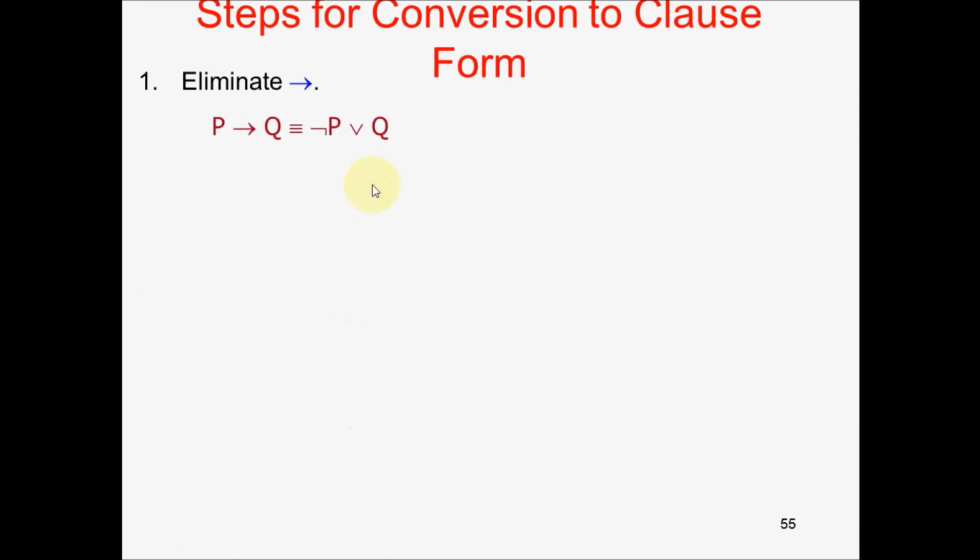First step, eliminate implication. We have already discussed, we can use this formula: P implies Q can be written as not P or Q to eliminate implication.